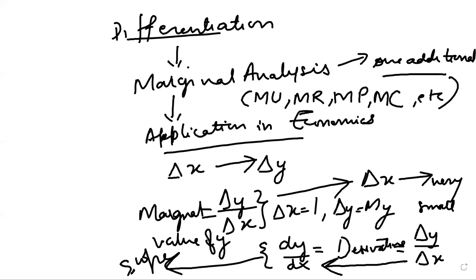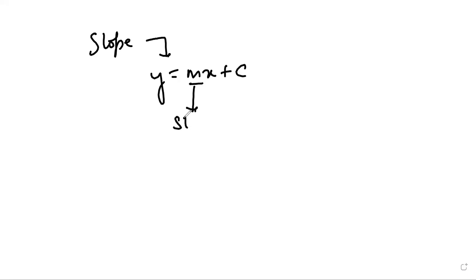We have already discussed the concept of slope in the previous video. Now, slope is, I told you, when we were writing y is equal to mx plus c, this m here was the slope, also known as the gradient.